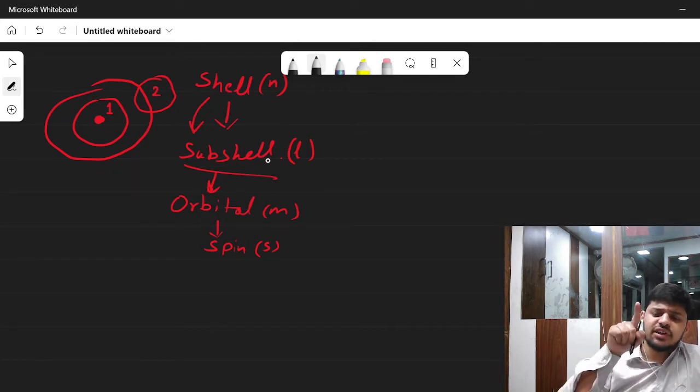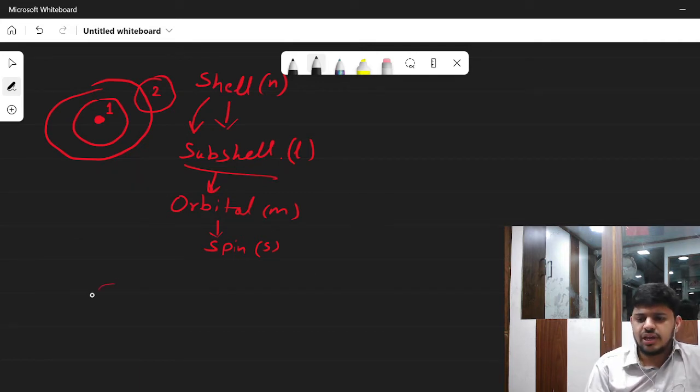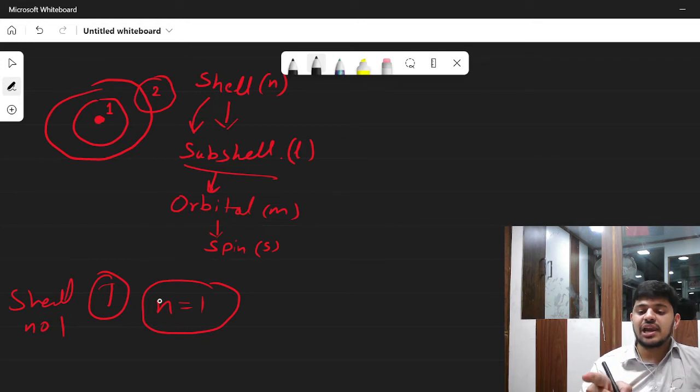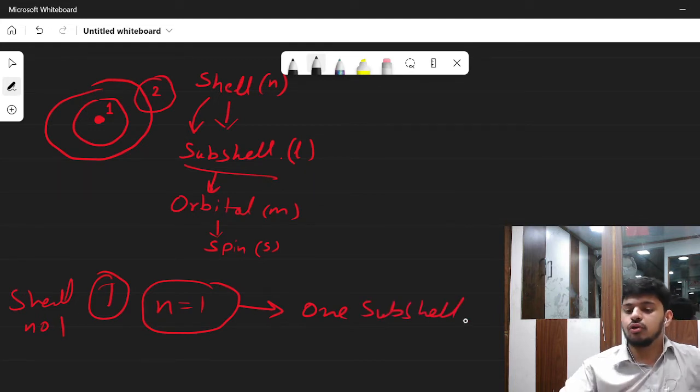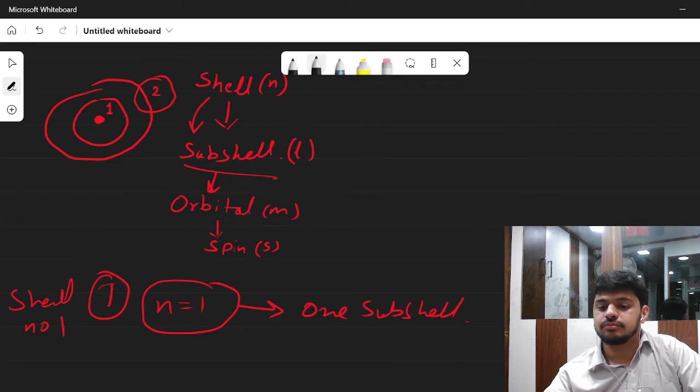For example, if it is the first shell, it means shell number 1, or you can say n is equal to 1. The first shell will always have only one subshell.